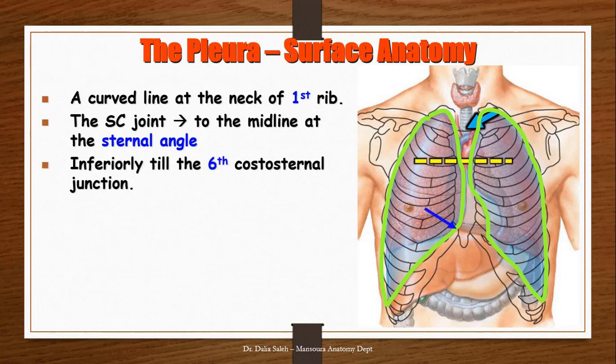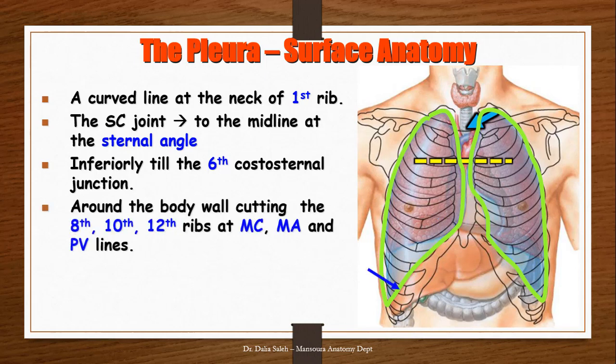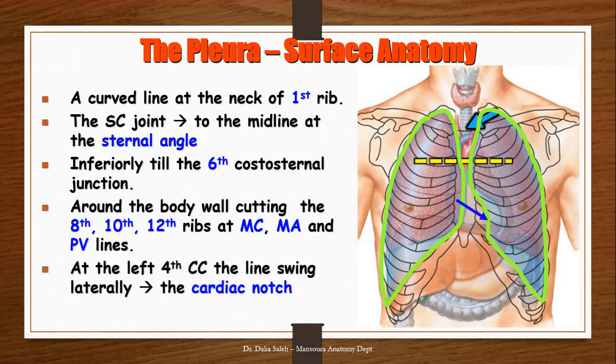It descends downward till the 6th costosternal junction, and then passes around the body wall, cutting the 8th rib at the mid-clavicular line, the 10th rib at the mid-axillary line, and the 12th rib at the paravertebral line. On the left side, at the level of the 4th costal cartilage, the line swings a little bit laterally at the cardiac notch. So here the pericardium will be exposed.